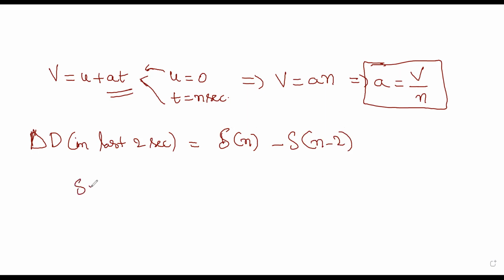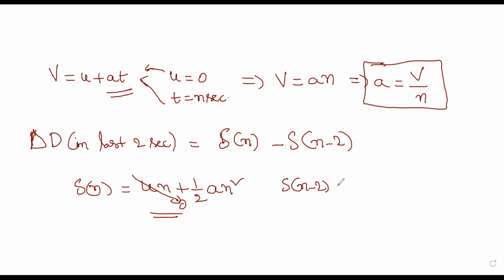The displacement in n seconds is given by the formula ut plus half a t square. So un plus half a n square. But we know that the initial velocity is 0, so this becomes 0. So you need not go for this. And similarly, the displacement after n minus 2 seconds is half a into n minus 2 whole square, the reason being the initial velocity is equal to 0.